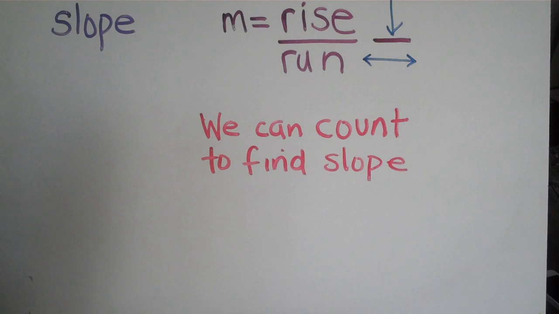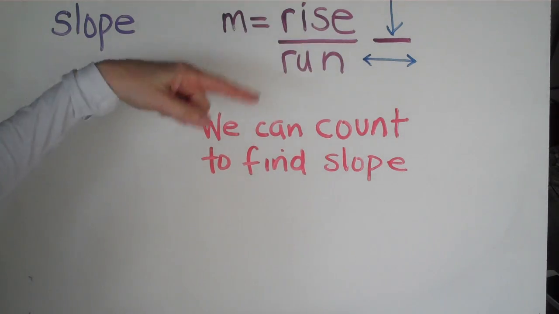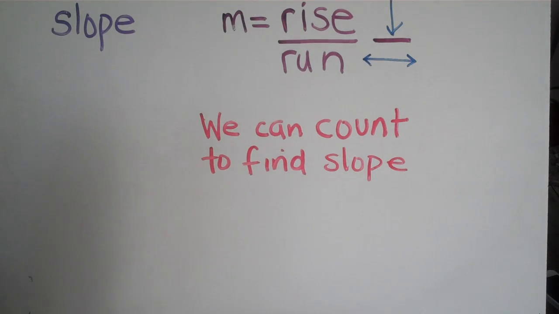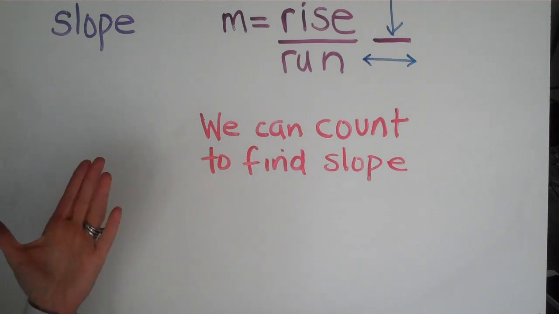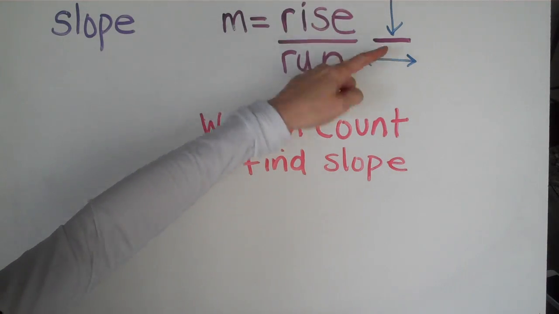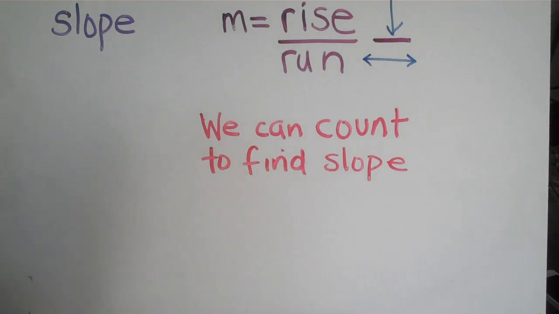So what is that saying? That is actually saying it's equal to a vertical movement over the horizontal movement. Basically, if you think of rise, when you rise, you're going up. And when you run, you'd have to run across the floor, okay?